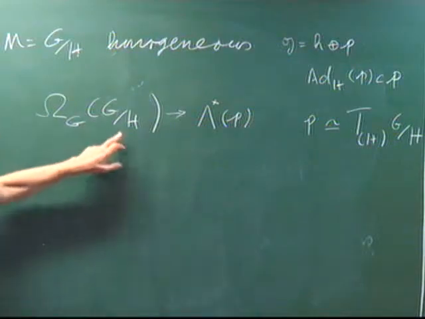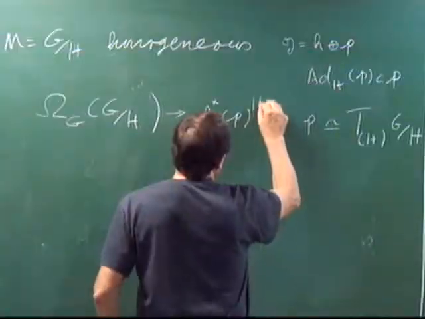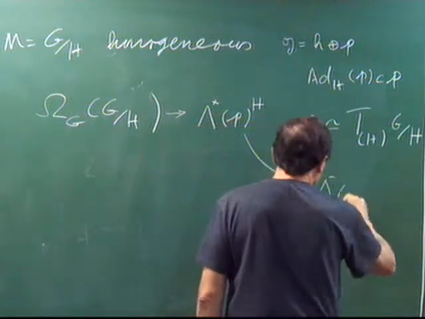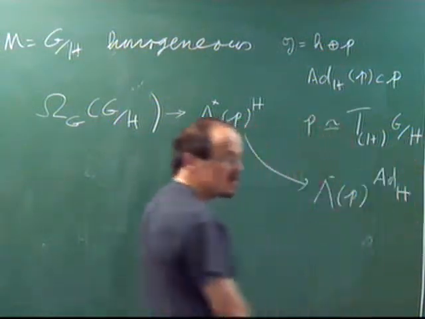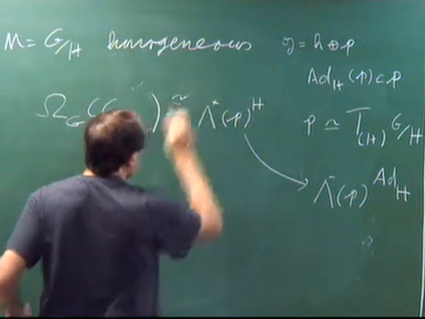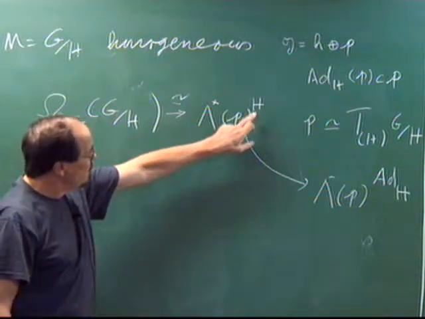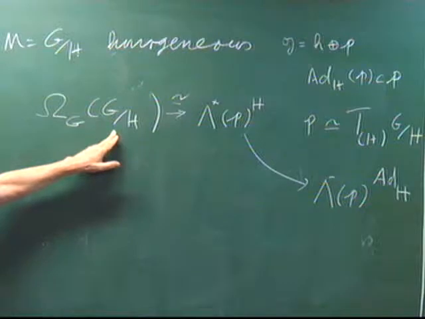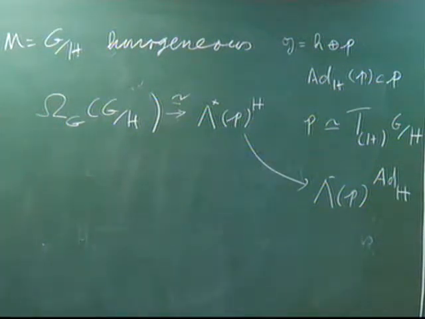But in order to be well defined, it must be invariant under Ad(H), by which I mean Lambda star p is invariant under the adjoint action of H on the tangent space. Okay. And that's clearly an isomorphism. If I have a form on the tangent space of my foot point invariant under Ad(H), I push it around onto the whole manifold with the G action, and it's independent of how I push it around because the form is invariant under Ad(H), our general principle.